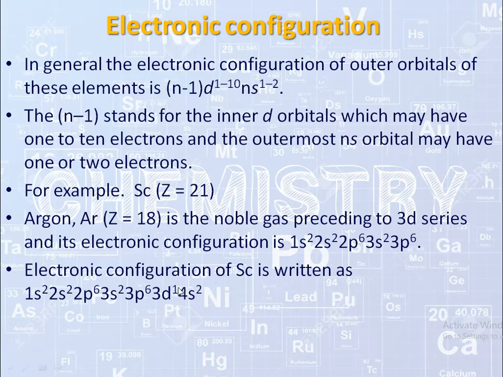So, the electronic configuration of scandium can be written as 1s2, 2s2, 2p6, 3s2, 3p6, 3d1, 4s2, which can also be written as argon 3d1 4s2, the representation of the electronic configuration of argon, and 3d1 and 4s2.